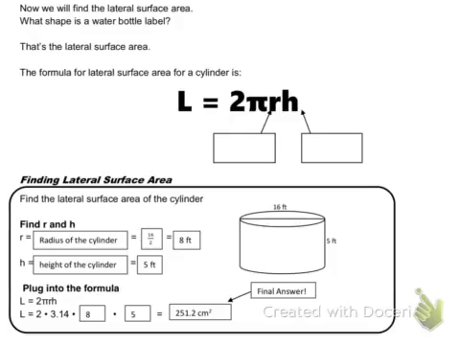Now we're going to find the lateral surface area. So when you take a water bottle label off, what shape is that? Well, that's going to be a rectangle. So that is a lateral surface area if we just take it of just that part of the water bottle.